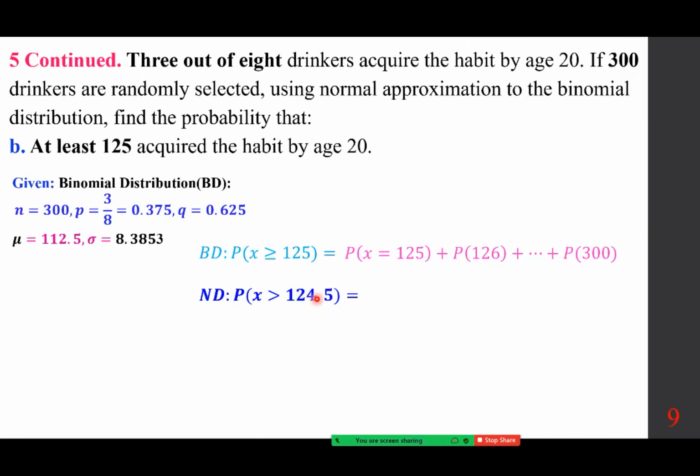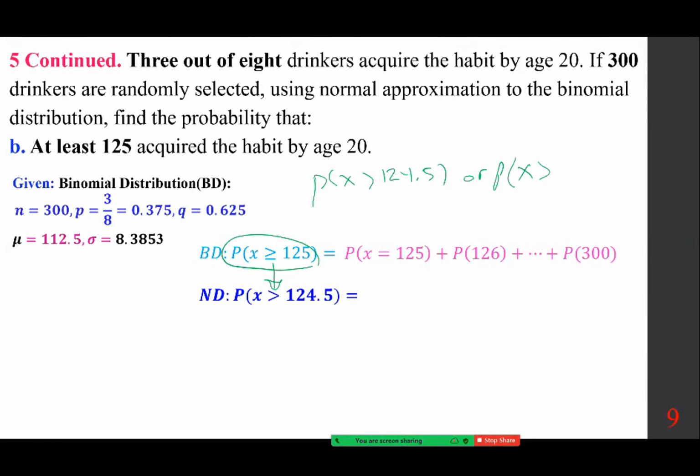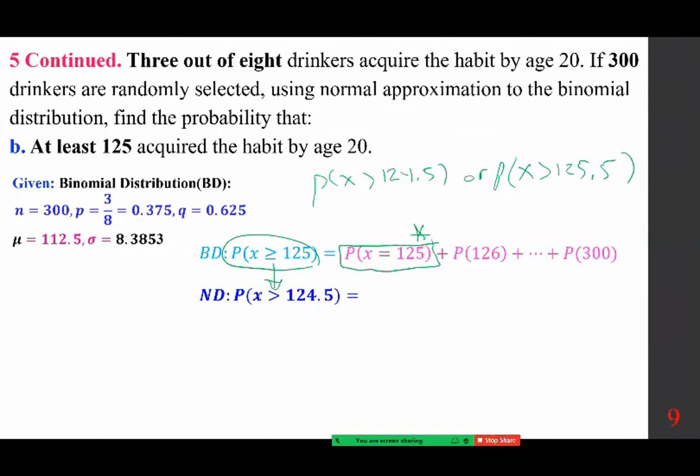So you have two choices. First, let me explain this. In order to go from here to here, you might say the probability of x larger than 124.5, or you might say the probability of x larger than 125.5. Which one and why? Here's the key. Take a look at the very first one that we need. We need this one, don't we?